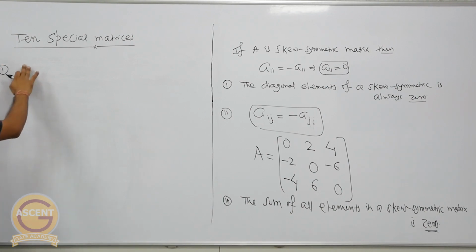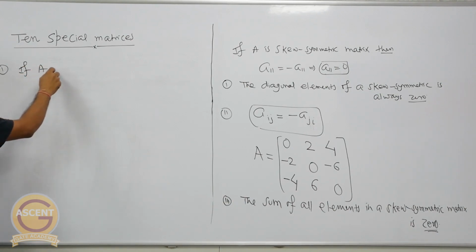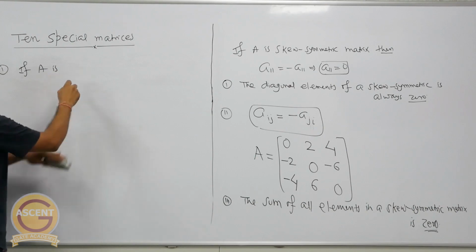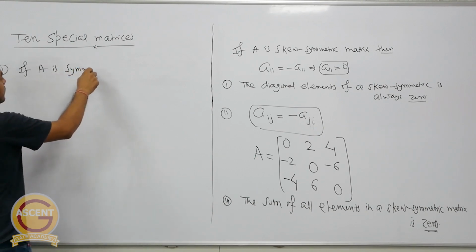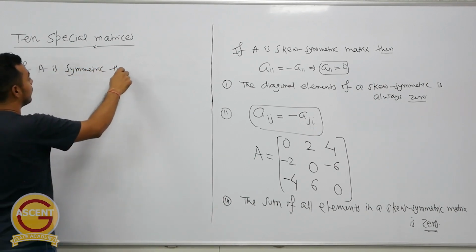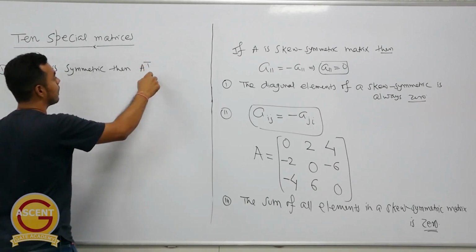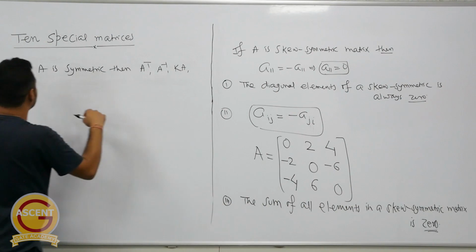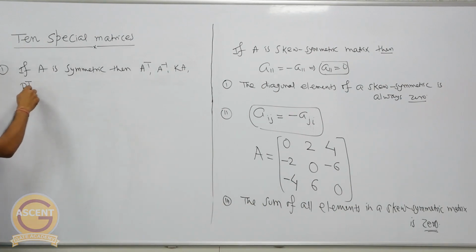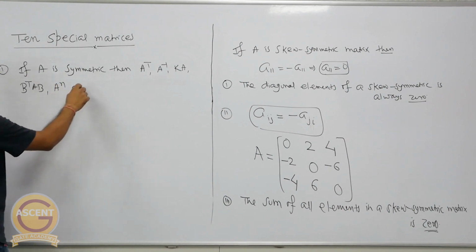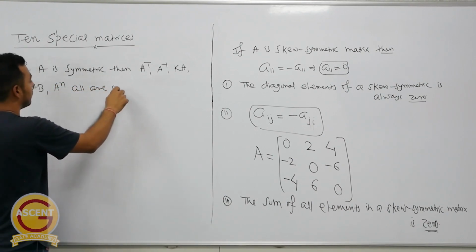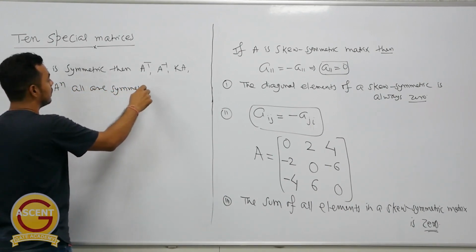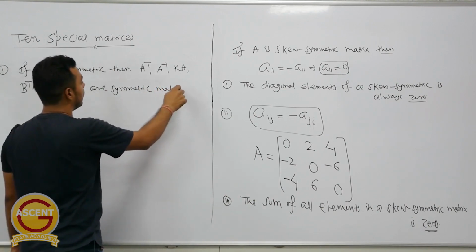The first point that we should know is that if A is a symmetric matrix, then A transpose, A inverse, K into A, and if B is any matrix, then B transpose AB, A to the power n, all are symmetric matrices. So this is again a very important point.